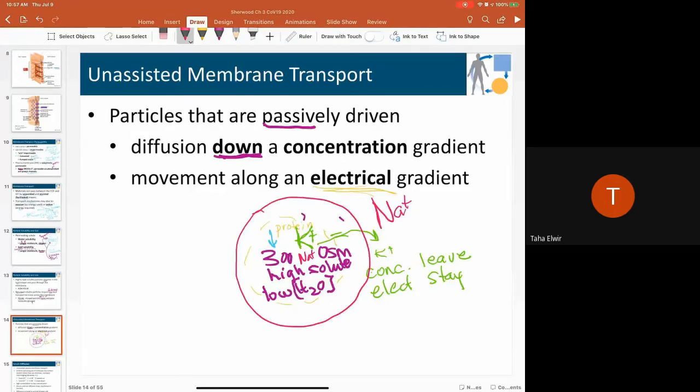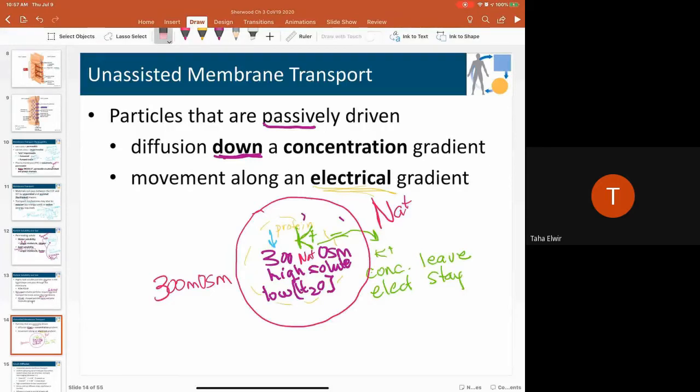We're going to have equal concentrations inside and outside, so 300 milliosmoles outside, or 290, whatever, and 300 inside. We still have a solute concentration that tends to have sodium coming in and potassium going out.